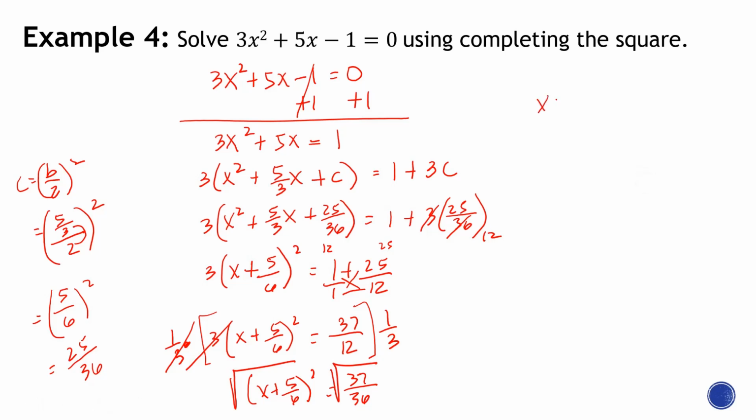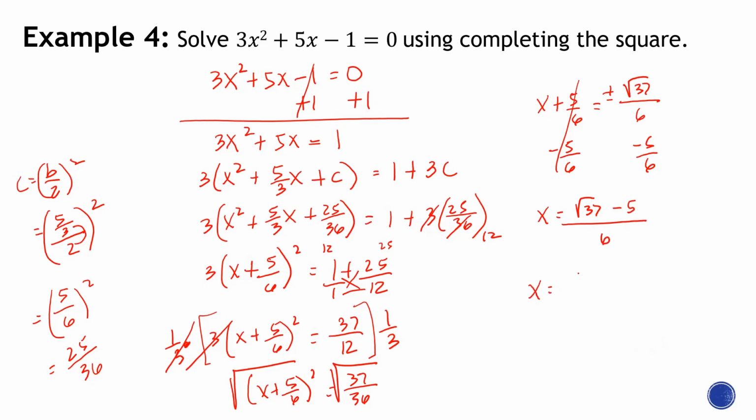So we will have x plus 5 over 6 equals plus or minus square root of 37 over 6. Then I'm going to subtract 5 over 6 on both sides. This is going to be square root of 37 minus 5 over 6, and the other one is negative square root of 37 minus 5, all over 6.